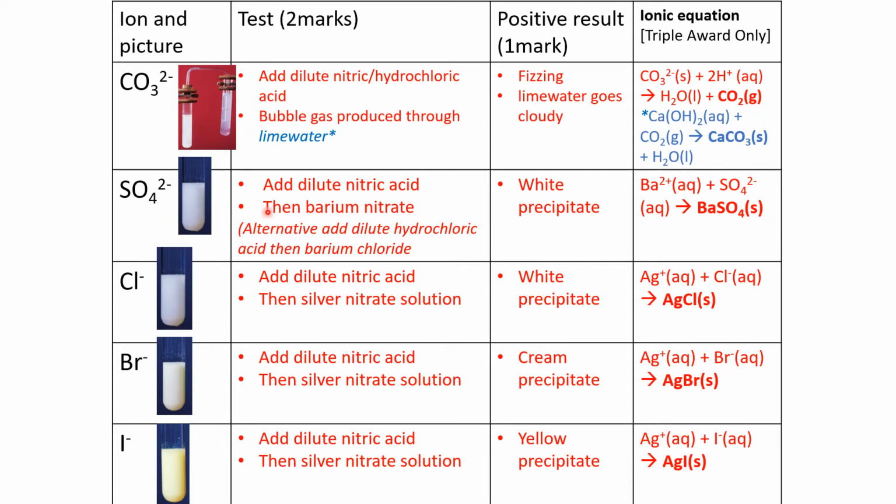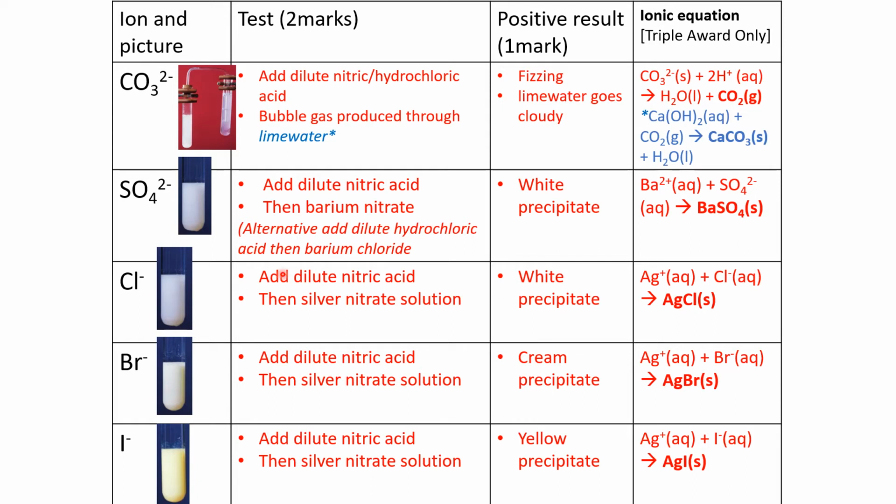It's best to add barium nitrate or barium chloride because they're both soluble. And you have to add acid before, and that's to get rid of any carbonate ions, just by this reaction up here, or to get rid of any hydroxide ions which can also form insoluble precipitates. And your barium sulfate formed is a white precipitate, just like in your barium meal.